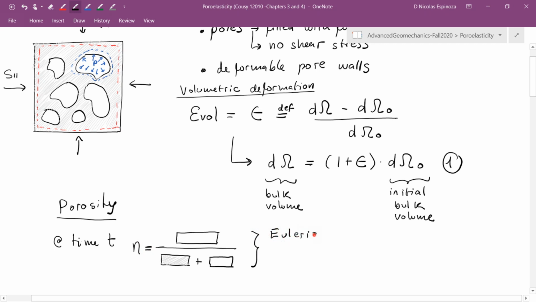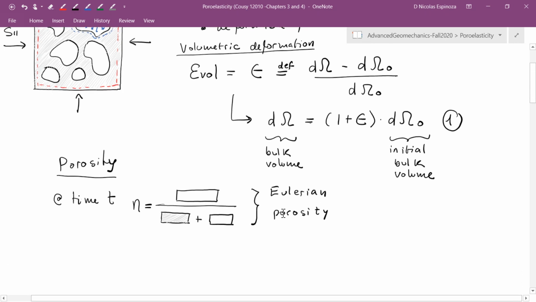And it is valid at any time where these two sections, the porous section and the solid section, are measured at that specific time. All right, so keeping that in mind, I'm going to make now a new definition.